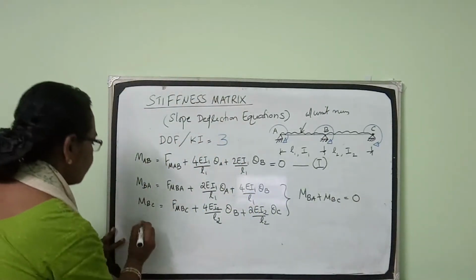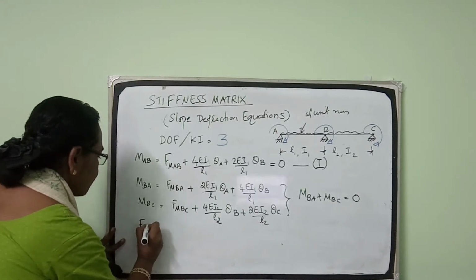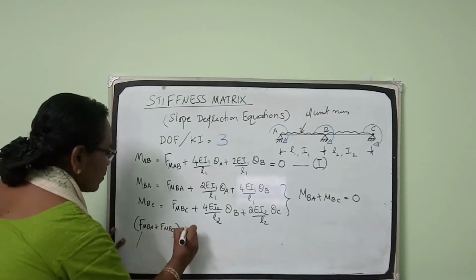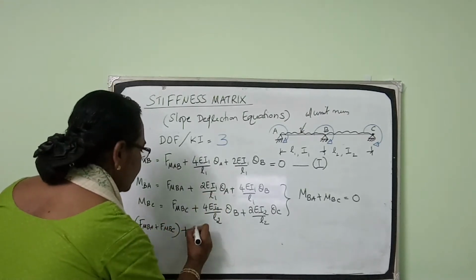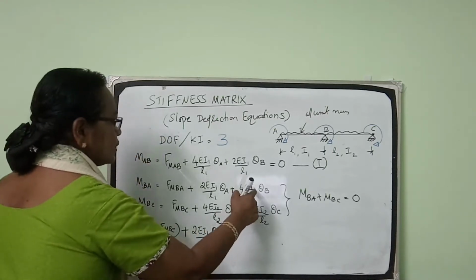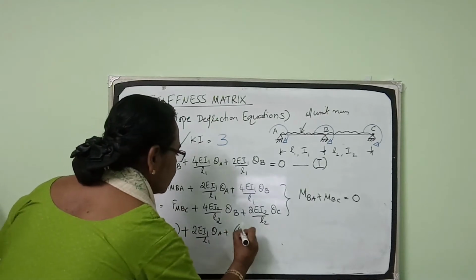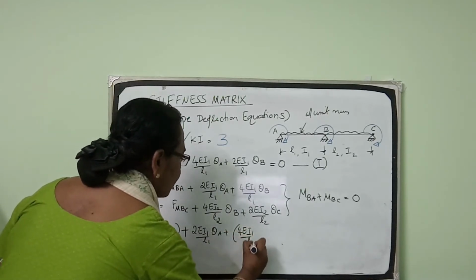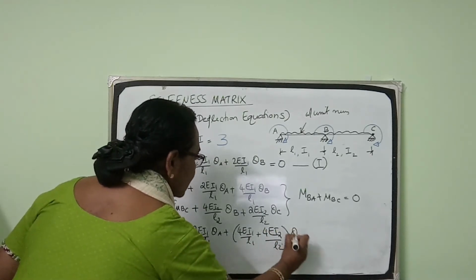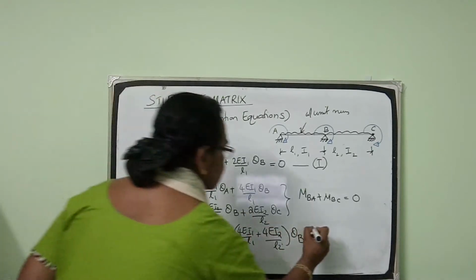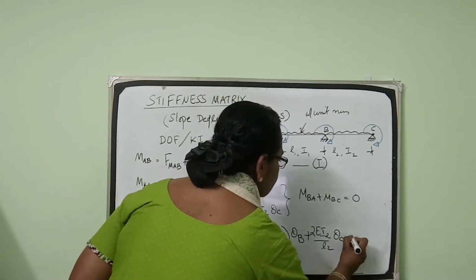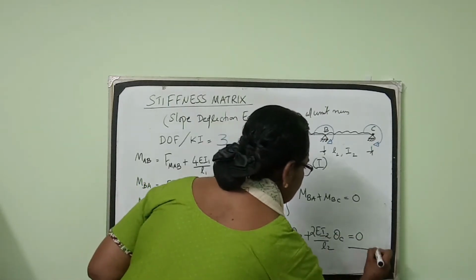So combining these two, we can write FMBA plus FMBC plus 2EI1 by L1 theta A plus (4EI1 by L1 plus 4EI2 by L2) theta B plus 2EI2 by L2 theta C is equal to 0. So this is the second slope deflection equation.